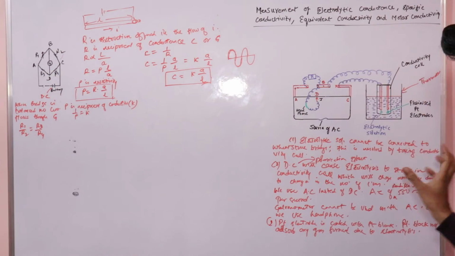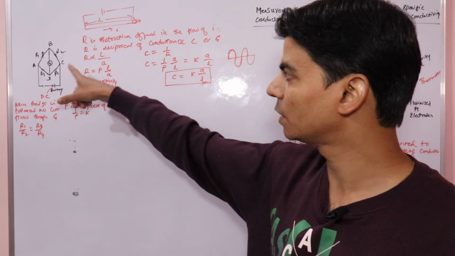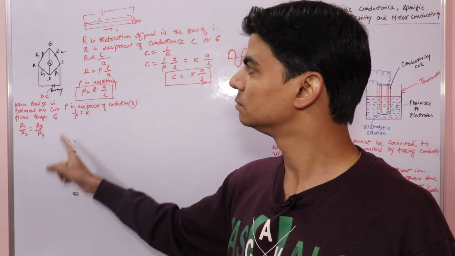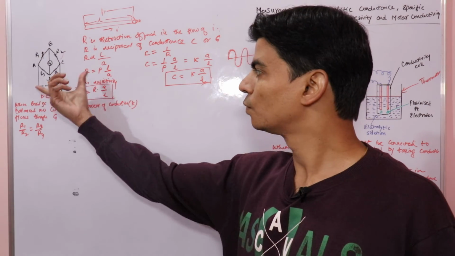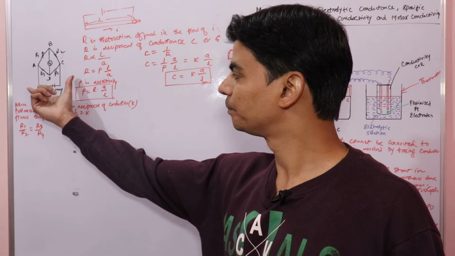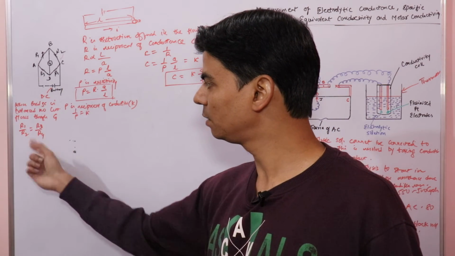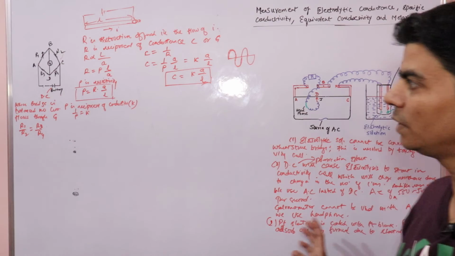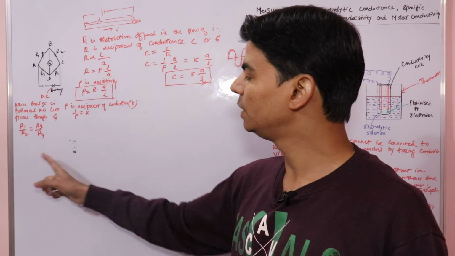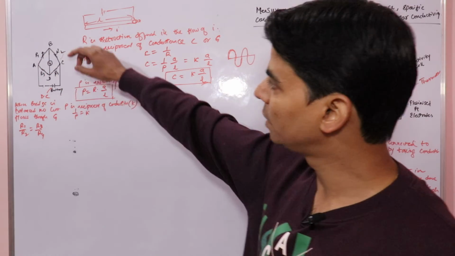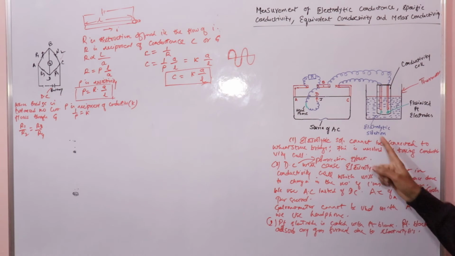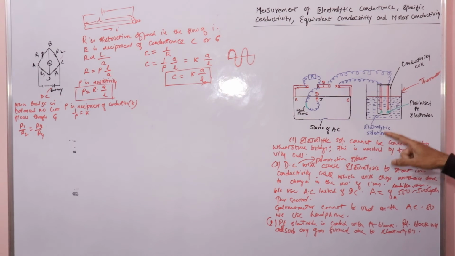Since this electrolytic solution cannot be made one of the resistances, this principle of the Wheatstone Bridge would not be applied directly. So what we did in the principle of the Wheatstone Bridge, instead of using a resistance, we used this conductivity cell that has electrolyte between the electrodes.